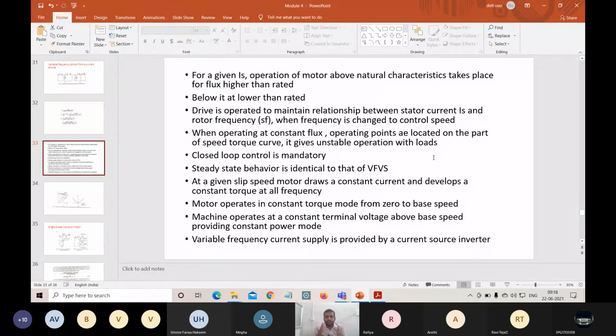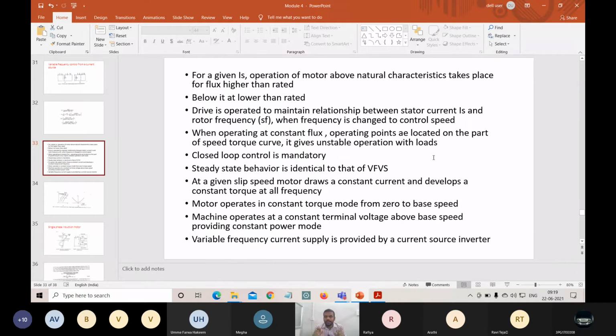So like that we have to use closed loop control. When closed loop control is used, the motor will have a speed sensor. From that speed sensor we get the value of speed. These speed values will be sent to our flux controller or slip regulators, speed regulators, like that. In order to compare the reference set of values and the actual speed set of values, we need closed loop control.